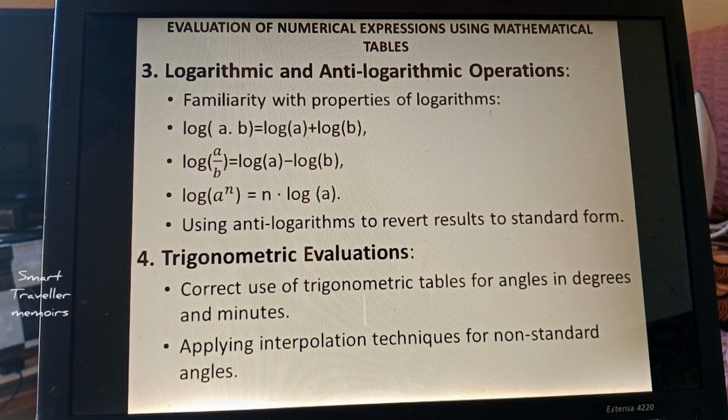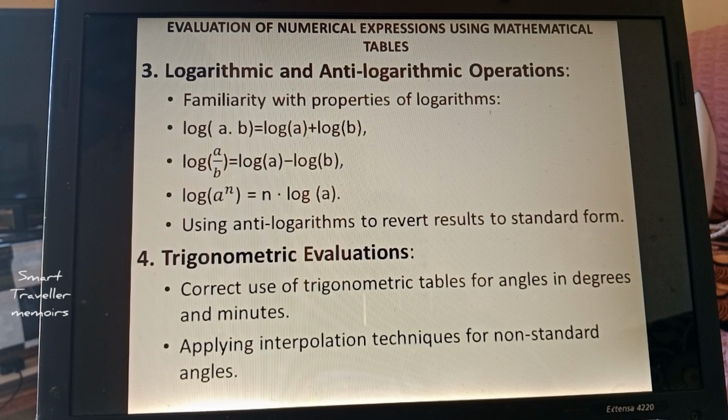That is, the logarithm of a times b is the same as the logarithm of a plus the logarithm of b. And the logarithm of a divided by b is equal to the logarithm of a minus the logarithm of b. And the logarithm of a raised to n is equal to n times the logarithm of a. Using anti-logarithms to revert the results to standard form.